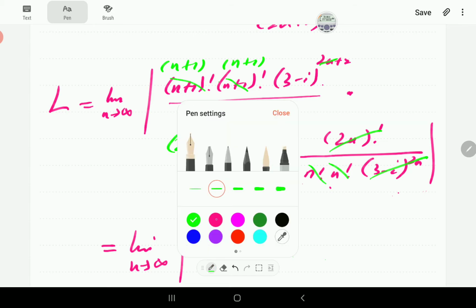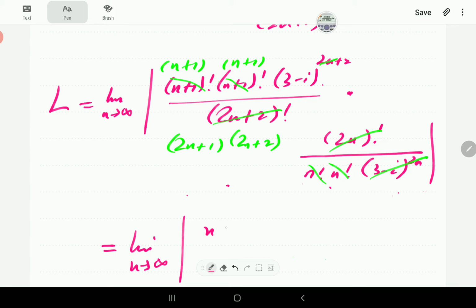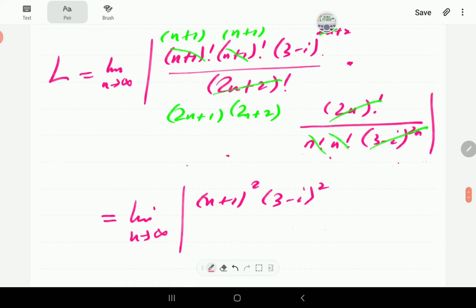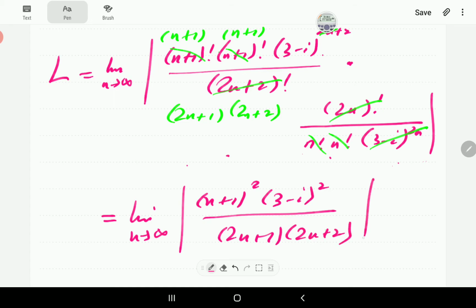So we're going to end up with (n plus 1) squared, (3 minus i) squared. In the denominator we're going to have (2n plus 1) into (2n plus 2).